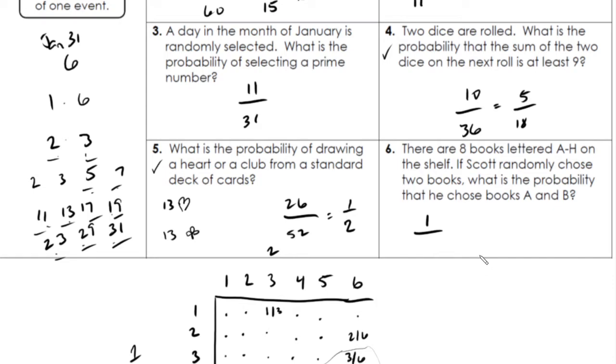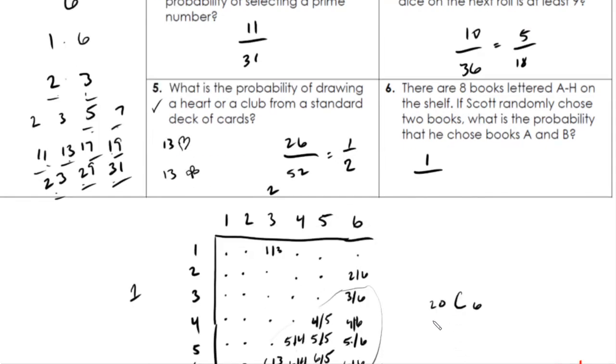This goes back to our previous lesson about permutations and combinations. You have to ask yourself, if Scott goes up and picks 2 out of the 8, this is no different from an example on the previous lesson where there are 20 kids in Kyle's kindergarten class and he's picking 6 of them to go to his birthday party. How many different ways can he choose the 6 people to go to his birthday party? In that situation, it was 20C6, where there were 20 in total, and he's choosing 6, and the order doesn't matter because they're all still going to go to his birthday party.